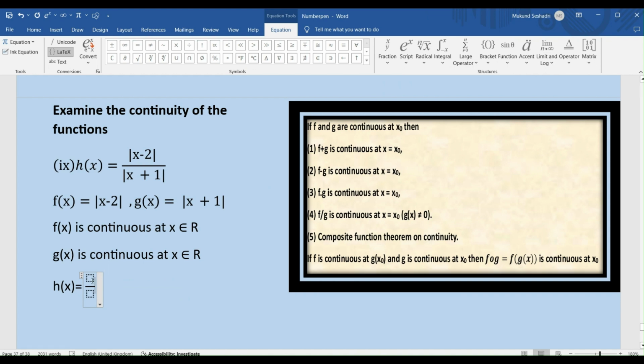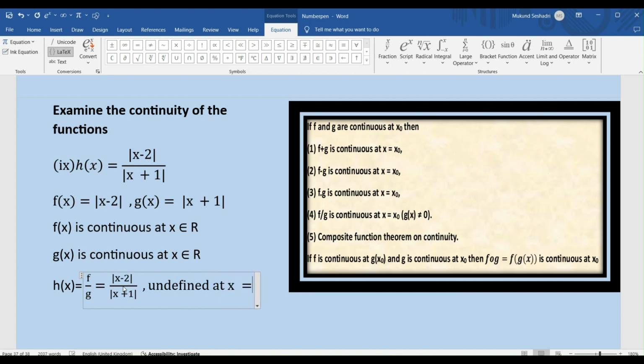which is f divided by g, what do I get? Do I have a point where my h of x becomes undefined, right? And the answer is yes, right? Because I have the mod of x plus 1 in the denominator, and it is undefined.